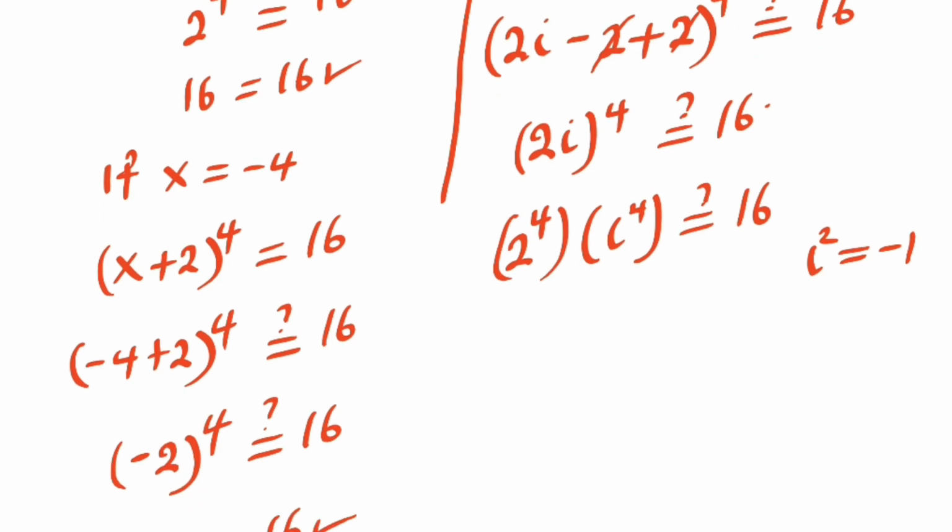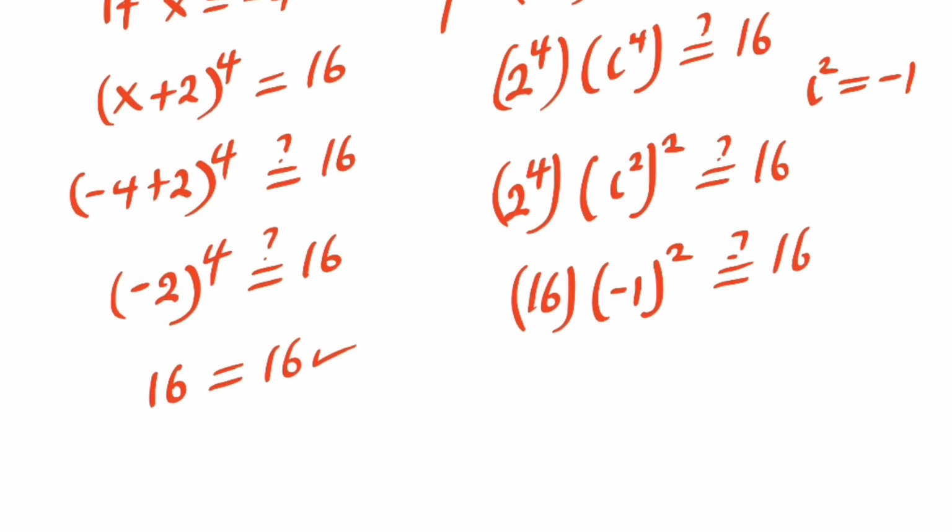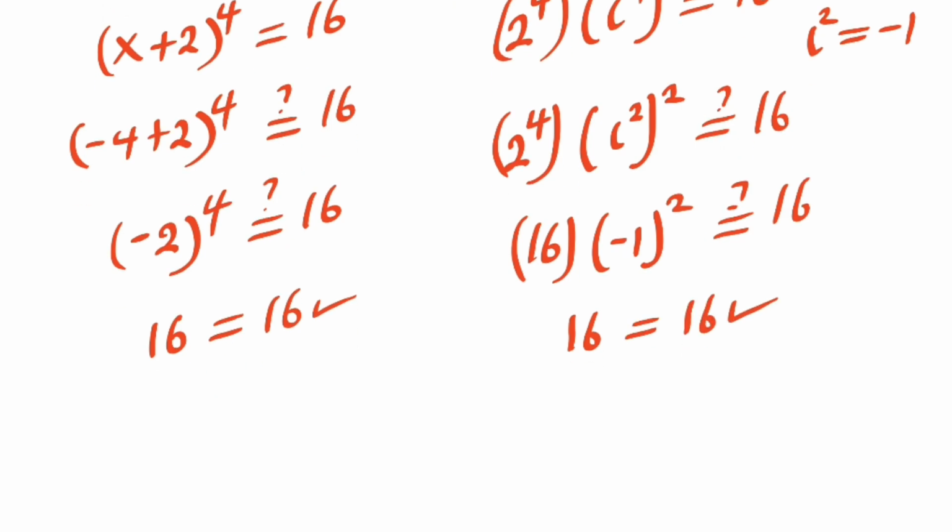So then 2 raised to power 4 multiplied by (i^2)^2 must be equal to 16. 2 raised to power 4, that is 16, multiplied by (minus 1)^2 must be equal to 16. The (minus 1)^2 is 1, multiplied by 16. 16 is equal to 16, which is true.